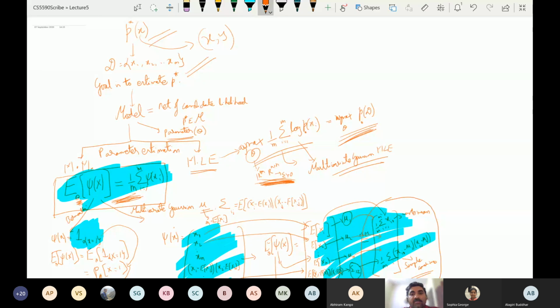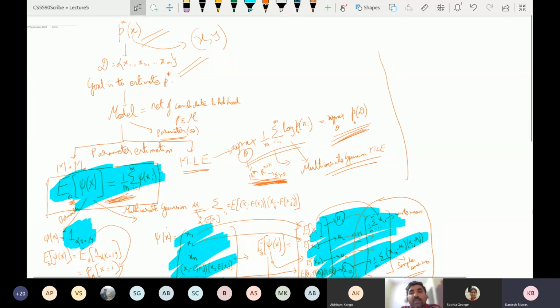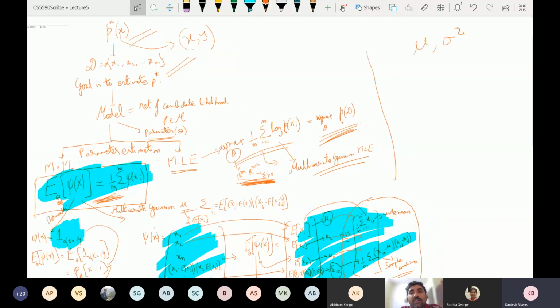Sir, I have a doubt. In the case of the univariate problem, we will have only a single psi function, but when we are dealing with multivariate... Even in univariate, there are two parameters, right? If you remember, the psi function was x and x minus expectation of x, the whole squared.